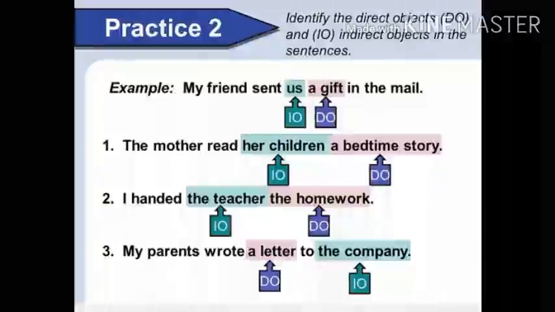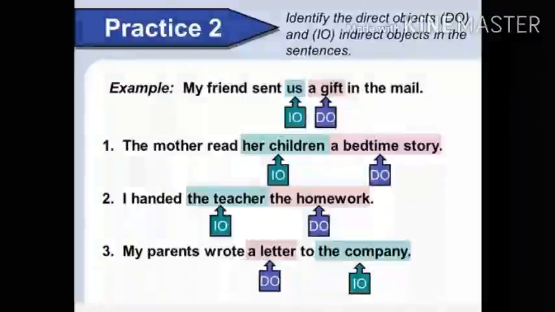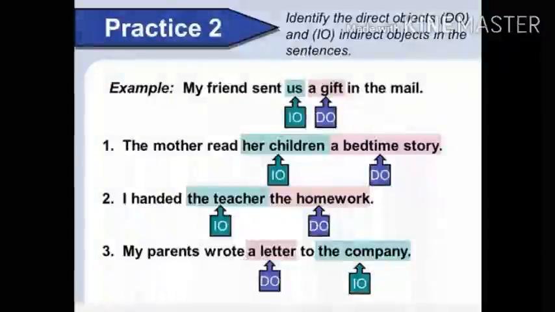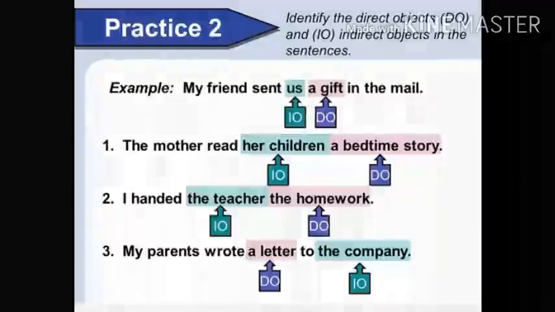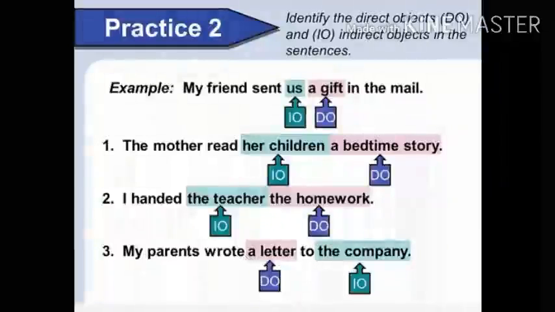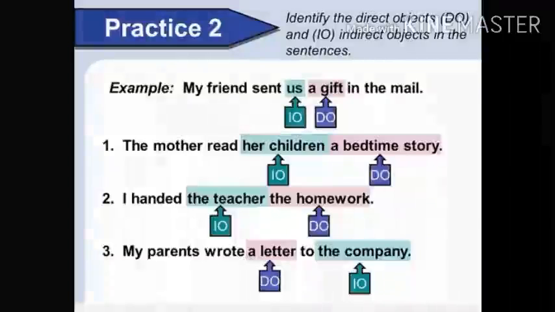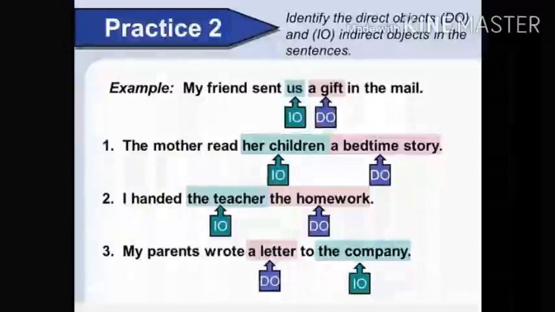The homework. Direct object. And whom did I hand the homework? The teacher. Indirect object. Next sentence, my parents wrote a letter to the company. What did my parents write? A letter. Direct object. And whom did my parents write a letter? To the company. Indirect object. So, by now, it's clear to you how to find out the object in a sentence.